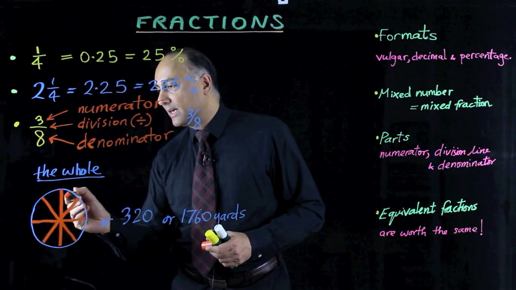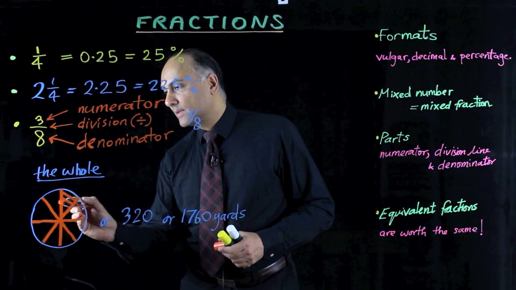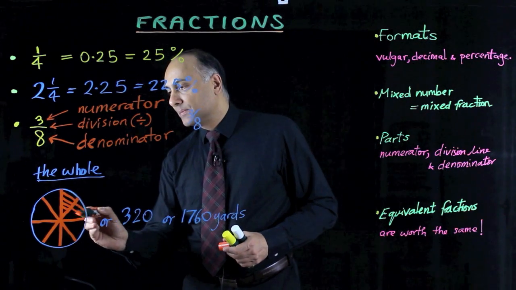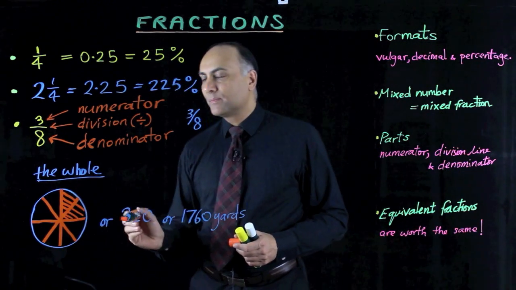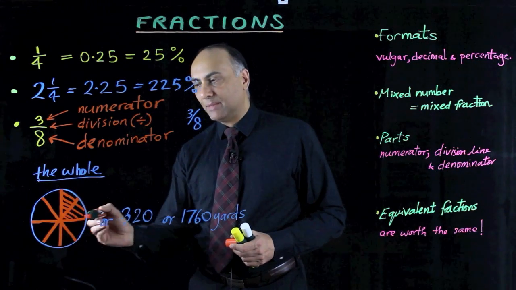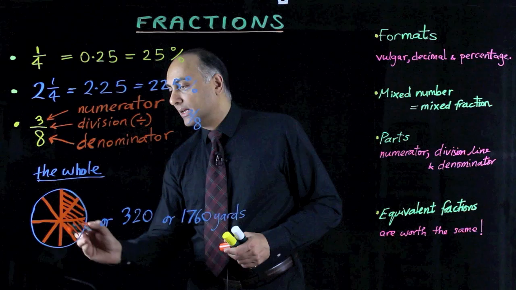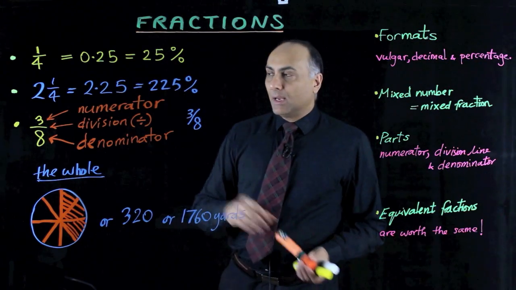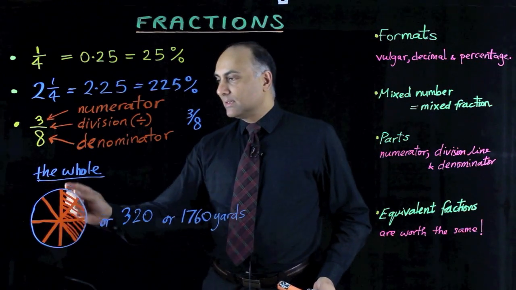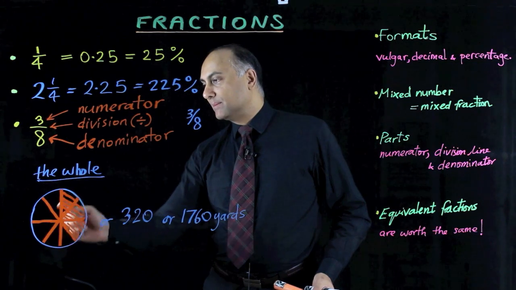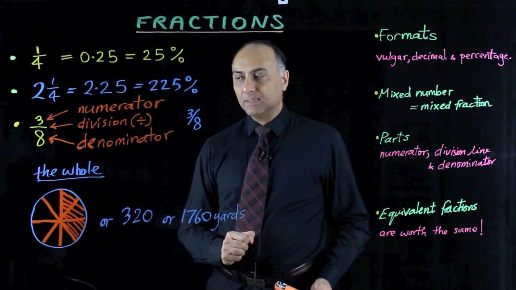So this is how much pizza I'm having. That's 1/8. That's 2/8, which I'll point out is actually the same as a quarter. And that is 3/8. So having 3/8 of a pizza is that much, and you can see it's a bit less than half the pizza.